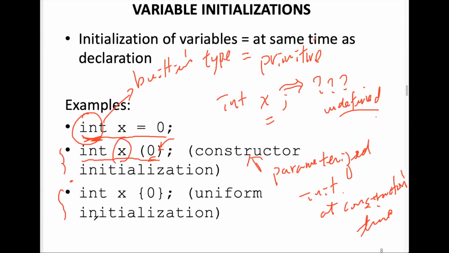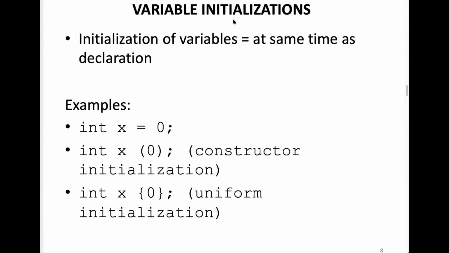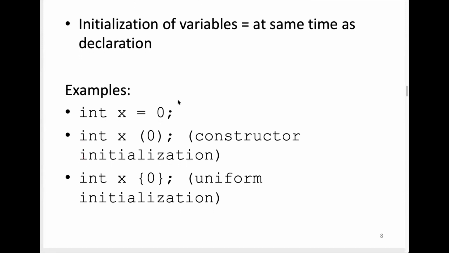And the third way we can initialize a variable is to use what we call uniform initialization. This is a feature that is available in C++11 and forward. Before, we didn't have this. So let me just go through the last two ways of initializing a variable using an integer as an example, to illustrate how this is done and why this is the case in C++.